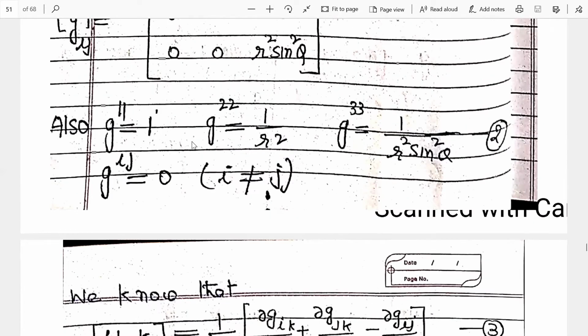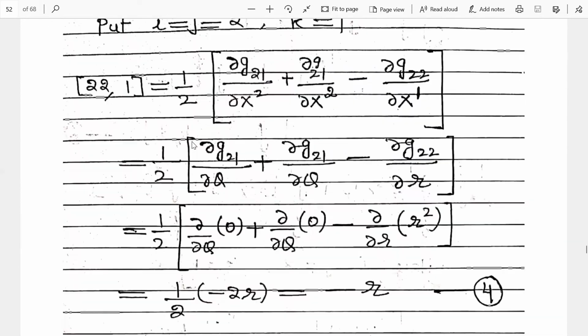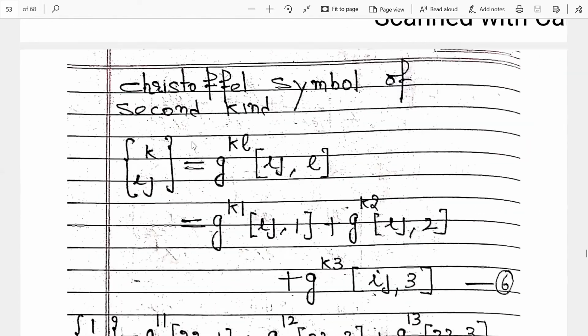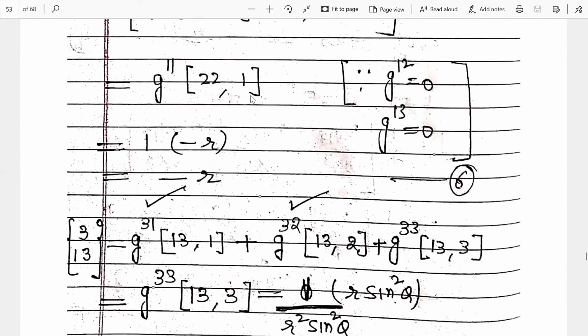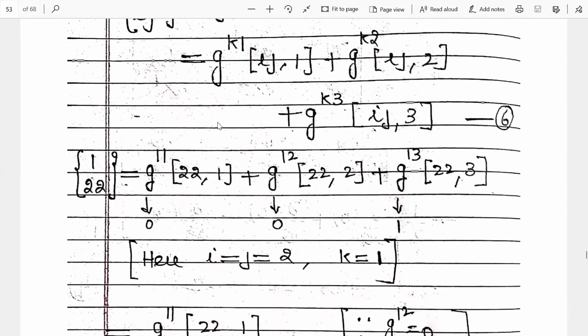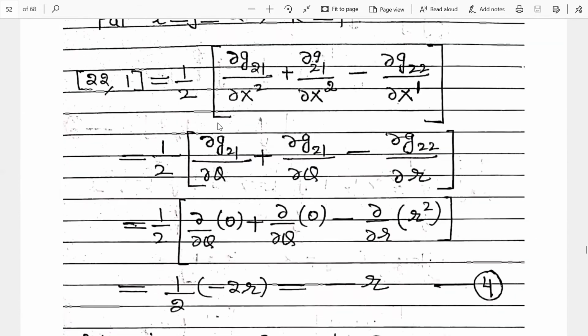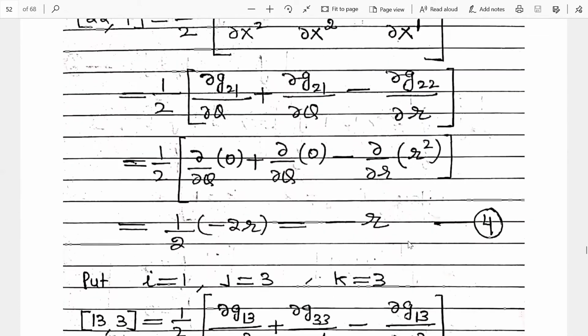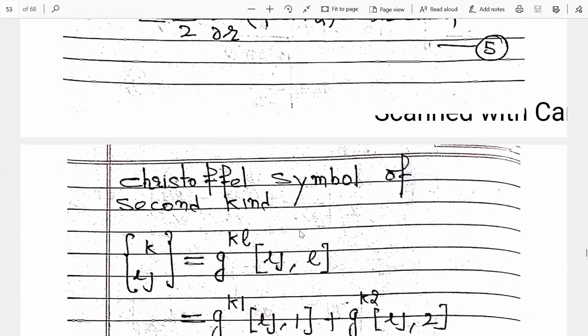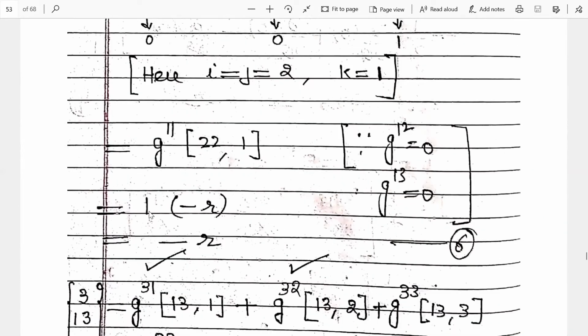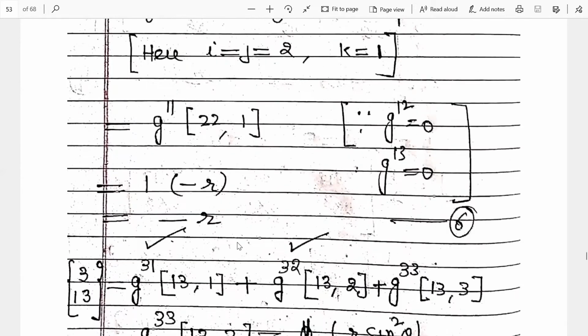The second value is [22,1], the Christoffel symbol of the first kind, whose value is equal to minus r, in equation number 4. So substitute these values in this equation, 1 times minus r. So this value will become minus r. This is our result.